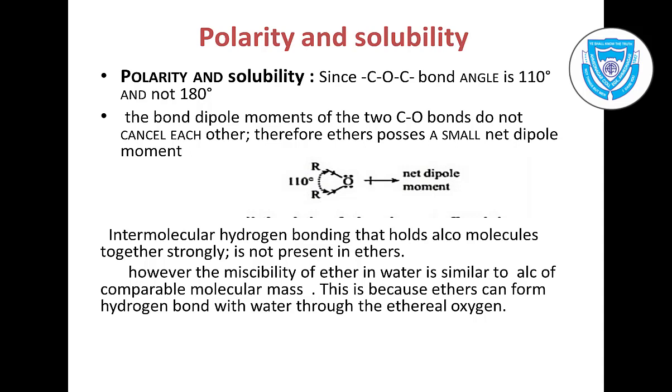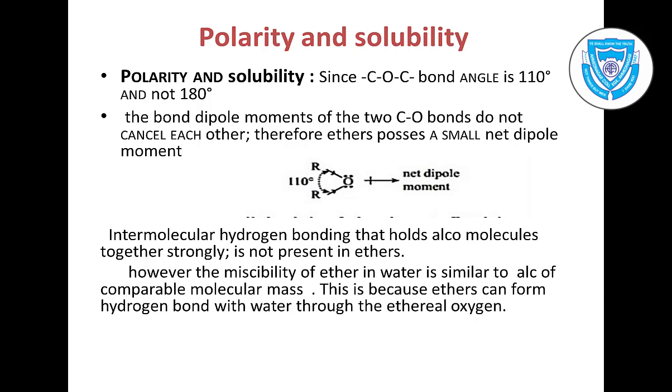So we have seen in the physical properties of ether, the boiling point is the same as what we considered for alcohol. As the molar mass increases, the boiling point also increases, and ethers have less intermolecular hydrogen bonding.